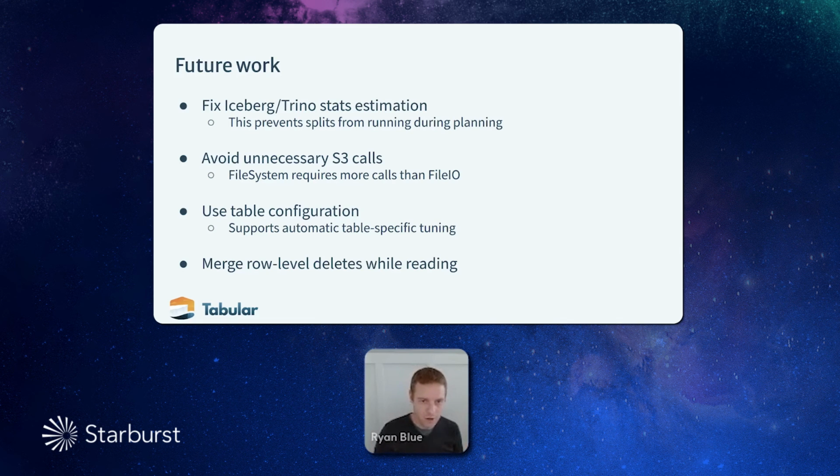So the compression codec, the Parquet row group size, those sorts of things, putting those in table configuration like we do in Iceberg makes automatic table-specific tuning possible. And we really want to get to the point where Trino is respecting all of those settings. So that's something that we're going to be working on, as well as, as I mentioned, the row level deltas. We're going to be adding those. I think there's already a PR out for that though.